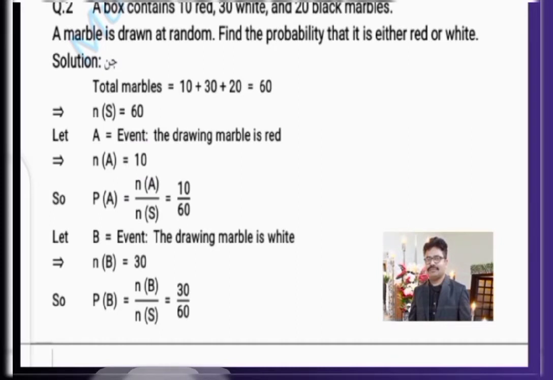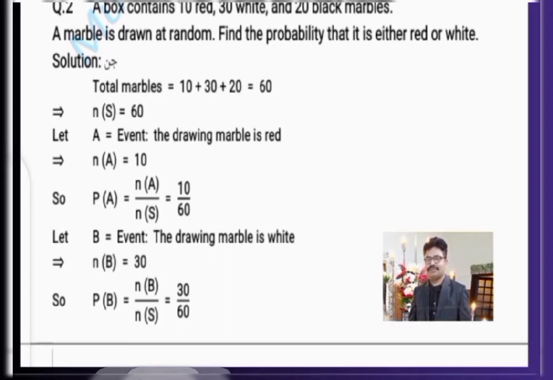As I told you earlier, if you are going to find the probability of any event, you will divide the number of values in that event by the number of values in the sample space. As there are 10 values in event A and 60 values in the sample space, the probability of A will be 10 by 60.